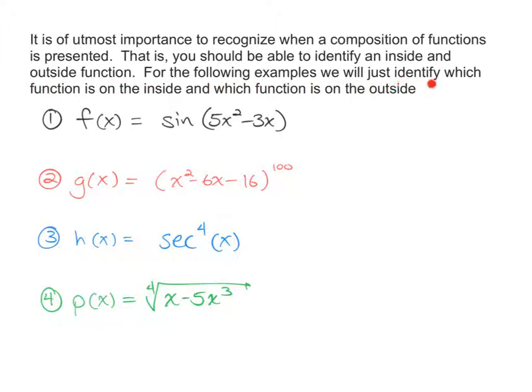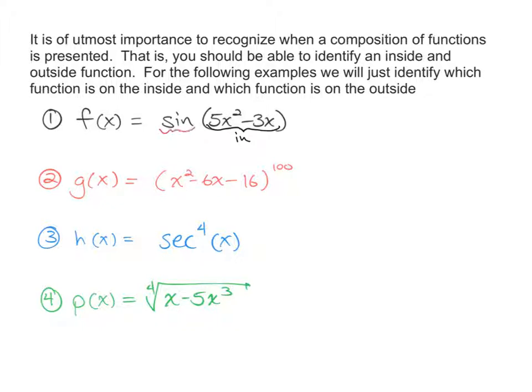For the following examples, we will just identify which function is on the inside and which function is on the outside. So when we look at these examples, especially if we start with number 1, you can see that this expression 5x squared minus 3x is on the inside of the sine trig function.